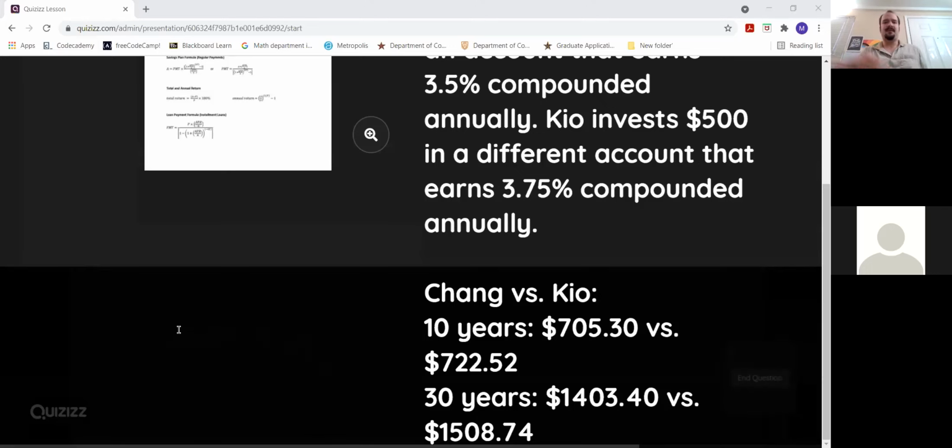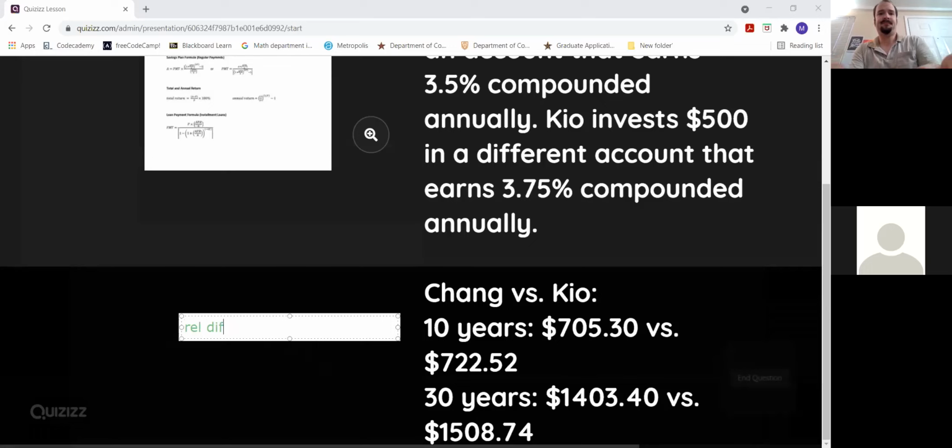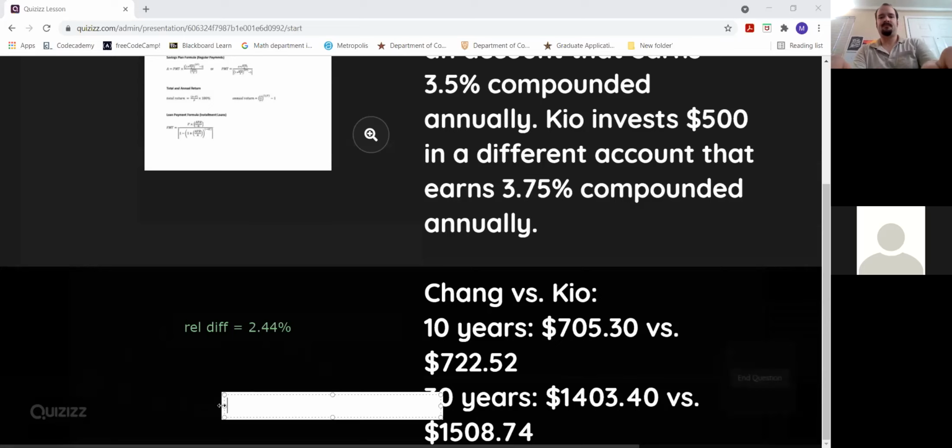So if I'm looking at relative difference between these first two, if I do 722 minus 705 and then divide those, this is what, 2.44% or something like that. I think what they did was relative differences. We can look at relative difference. These would be the ways that you'd probably want to compare these two things, looking at relative difference and looking at the absolute difference.